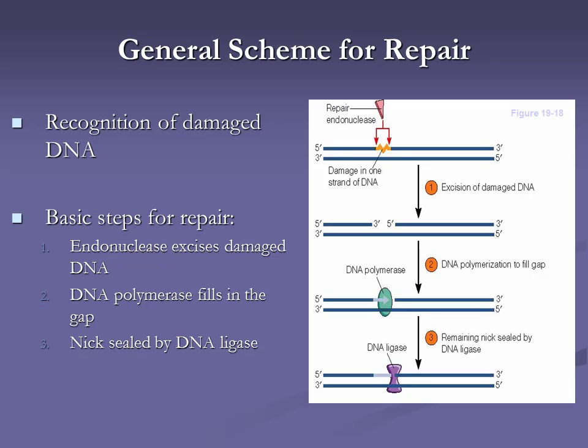And so our endonucleases come in and they remove and cut out that piece. Once we've got that piece cut out, some DNA polymerases come in and fill in that gap, DNA polymerase 3, because it can extend from DNA. It can also extend from RNA. And once DNA pol 3 comes in, makes the new strand, DNA ligase comes in, boom, fixed.